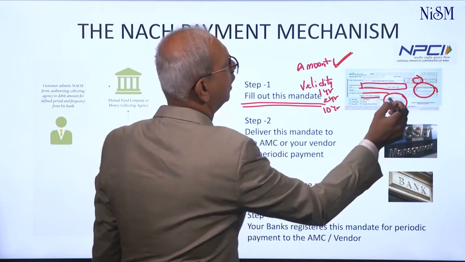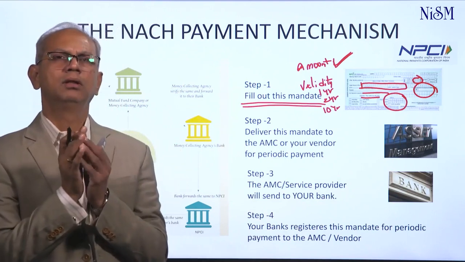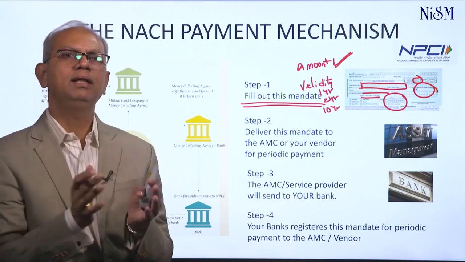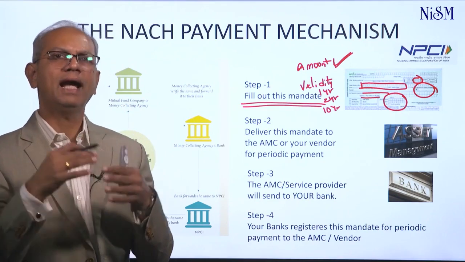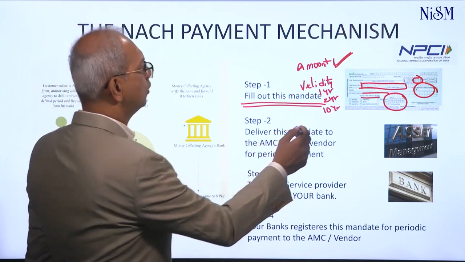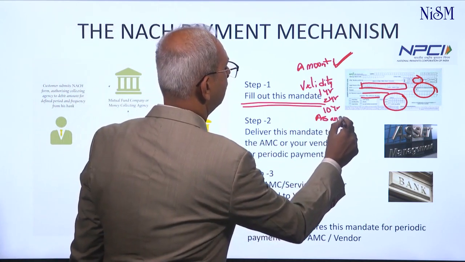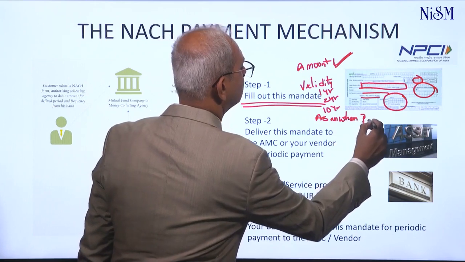So details such as the amount, whether the mandate is daily, weekly, monthly, or as and when presented. There is also a checkbox which says as and when presented. What does that mean?